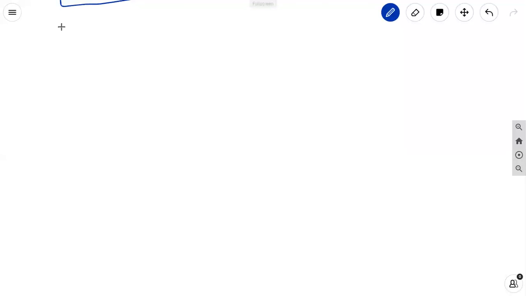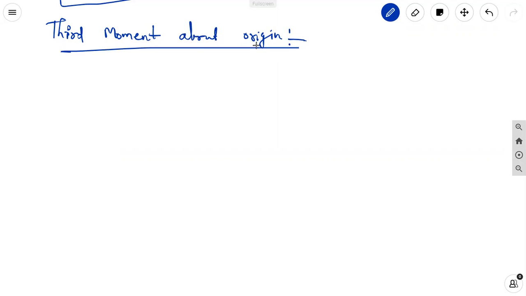The third moment about origin. Third moment about origin means mu 3 dash is equal to expectation of x cube equal to summation x equal to 0 to infinity x cube p of x.